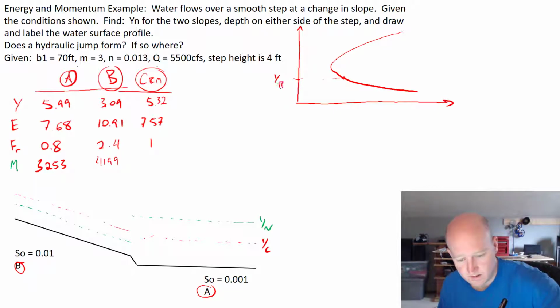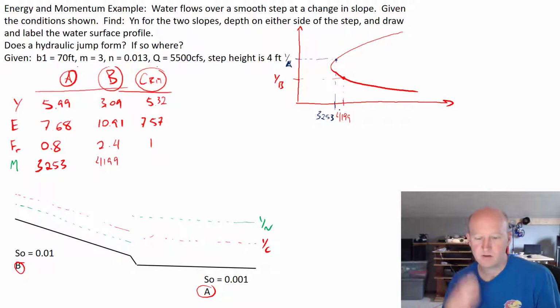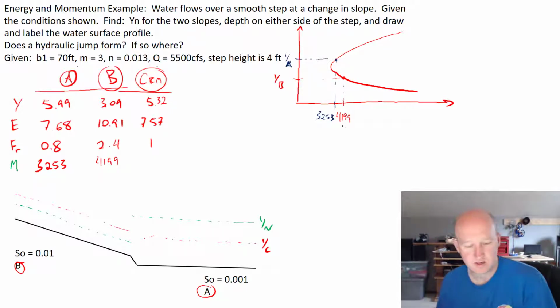So that's YB, the upstream depth, and then we get YA, that's the downstream depth, and that specific force is less than. So if there was no downstep, the jump would be downstream because the momentum at section B is greater than the momentum at section A.